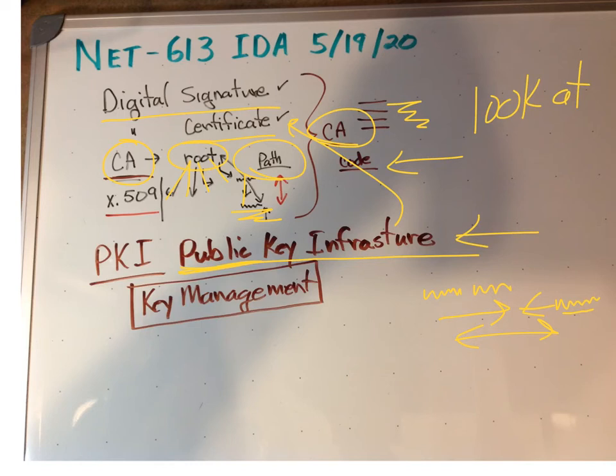These certificates would have a lifetime, I don't know, a couple weeks, a couple months, depends. But you can see how important it is then to manage the keys, especially those private keys.